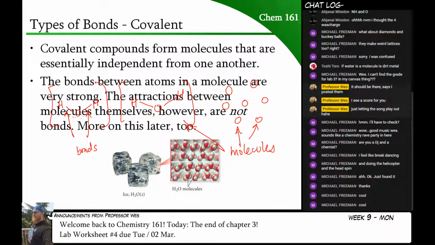Now, do these molecules attract to each other in some way? So are these water molecules attracted to each other somehow? Well, if I was going to make a solid out of them, they would have to be, right? Otherwise, they just all fly in opposite directions and become a gas. So there must be some attraction that holds molecules together, and there is.